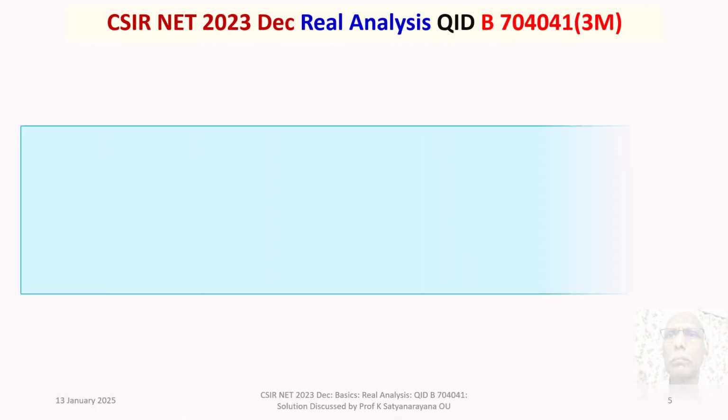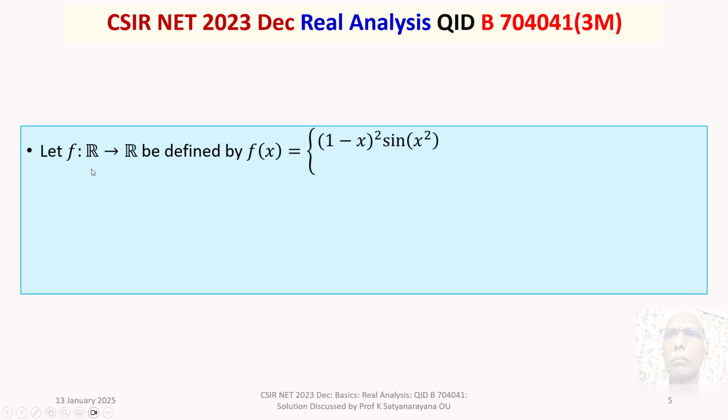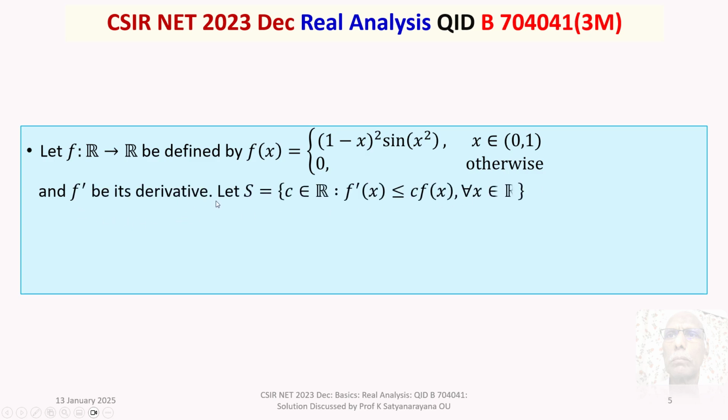The given question is: let f be a function from the set of real numbers to itself, defined by f of x is equal to (1 minus x) whole square into sine x square when x belongs to the open interval 0 to 1, and f of x is equal to 0 otherwise, and f prime be its derivative.